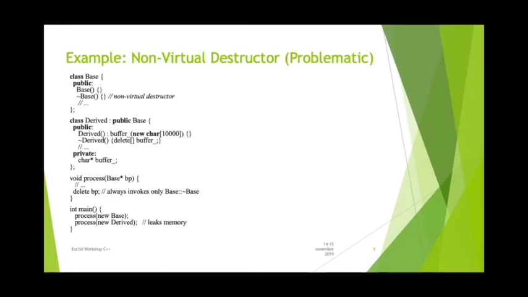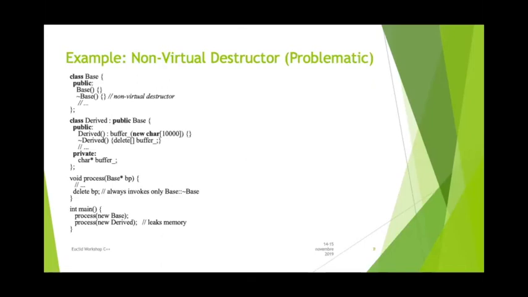There's an example with a non-virtual destructor here. You can see I'm just deleting the buffer and this thing. Now the problem is here. We have process new base, where we are calling base here, this one, and then we have the derived class, process new derive.